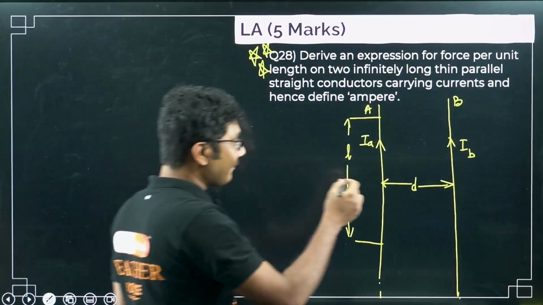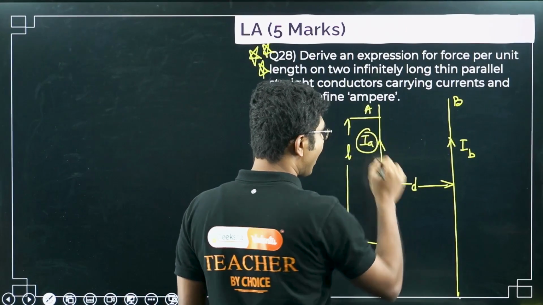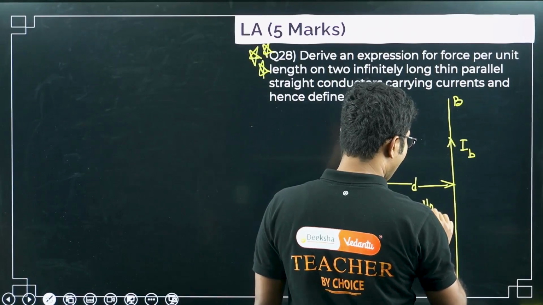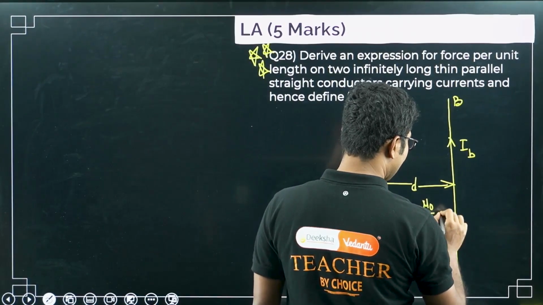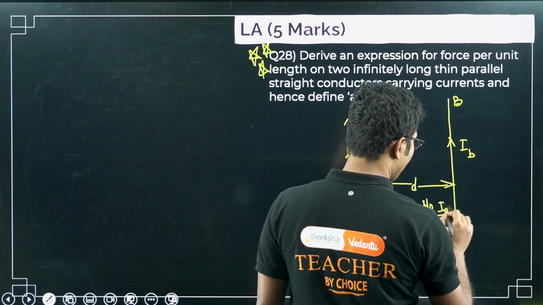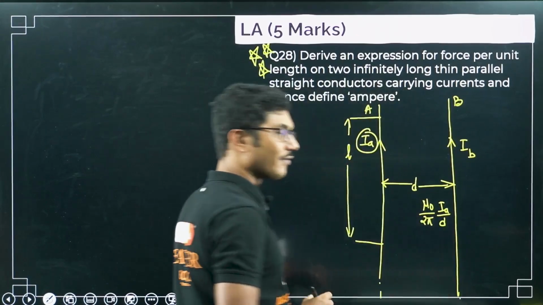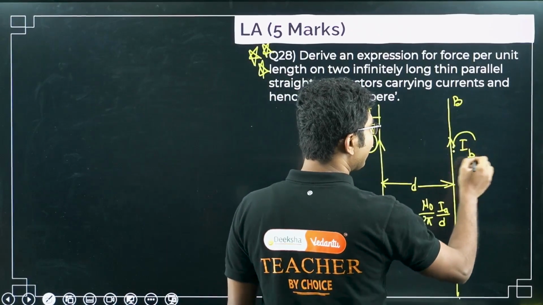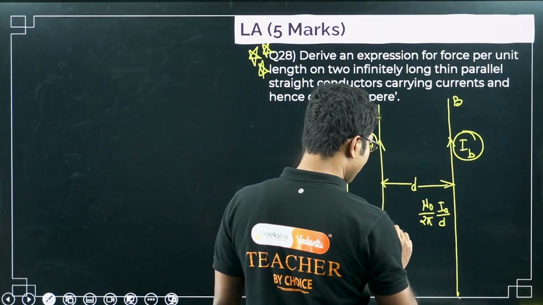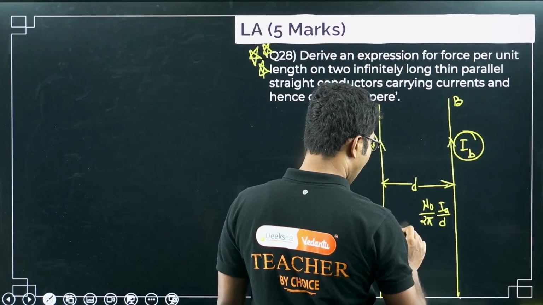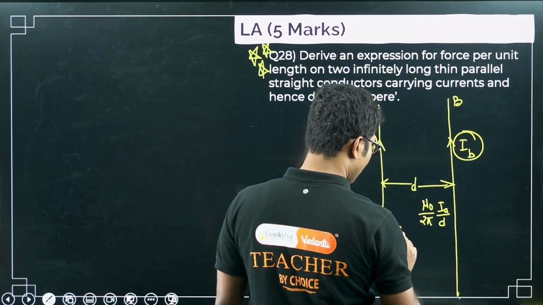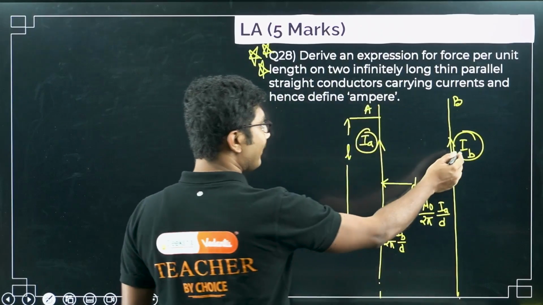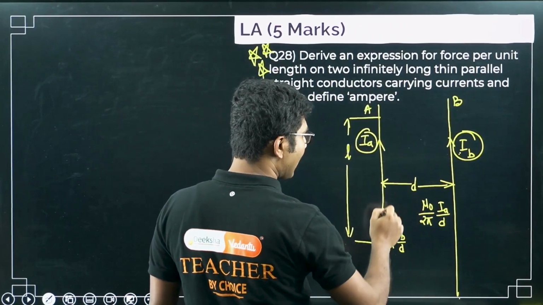The magnetic field due to this current carrying wire at this distance is given by mu naught by 2 pi, IA by D. Instead of R it will be D. Similarly, the magnetic field due to wire B here will be mu naught IB by 2 pi D.